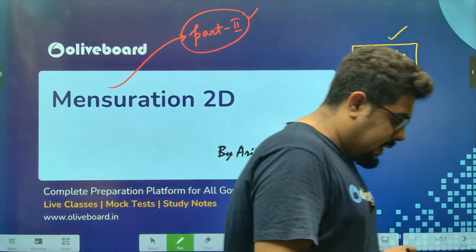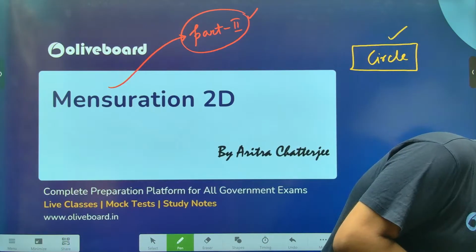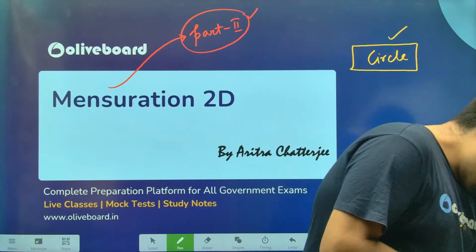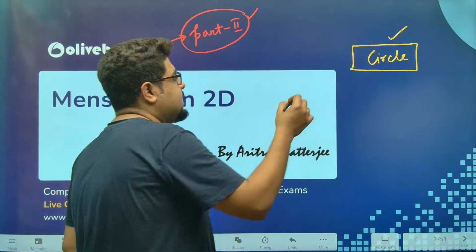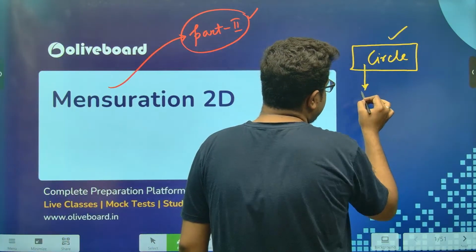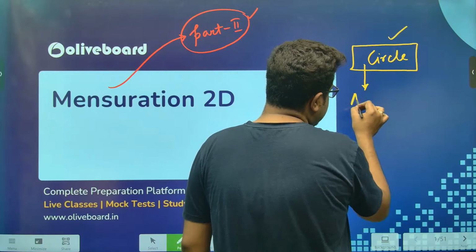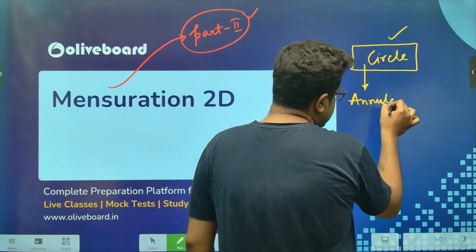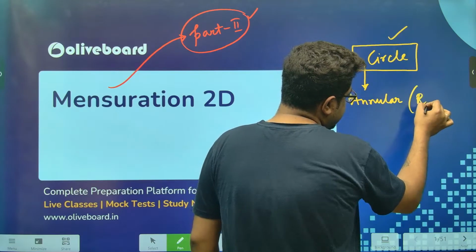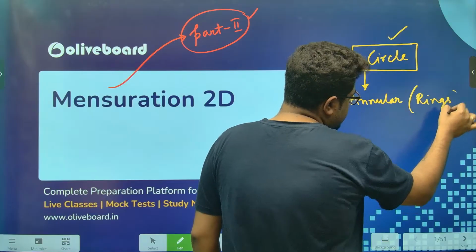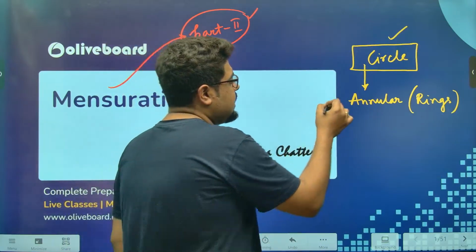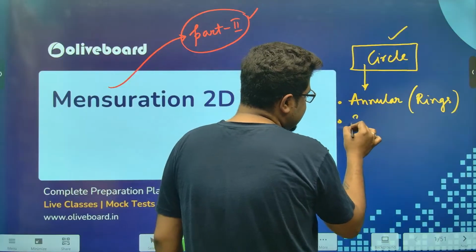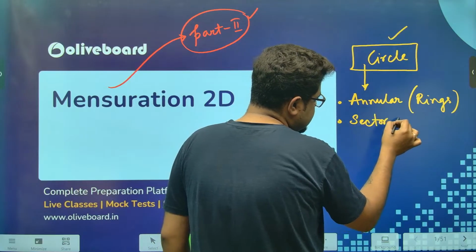So what type of circle questions? Please understand, mostly you will go for the annular questions, meaning ring type. Afterwards, once the annular is done, then you go for the sector-based questions.